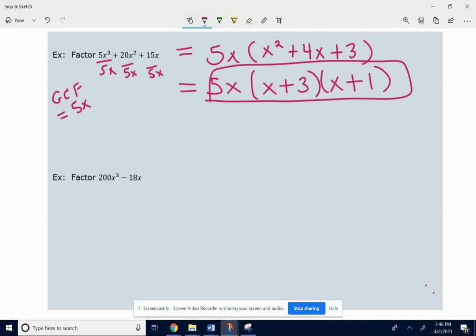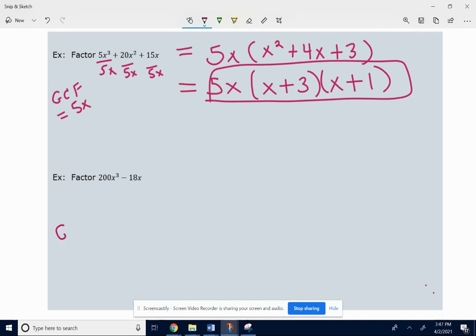The second problem: factor 200x to the third minus 18x. I want to think about the greatest common factor, the biggest number that will go into 200 and 18.